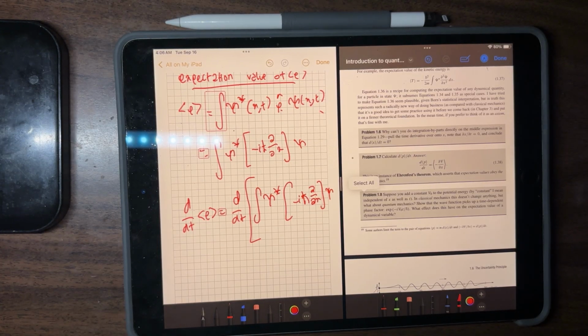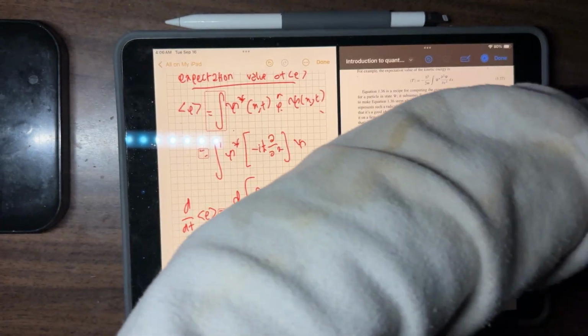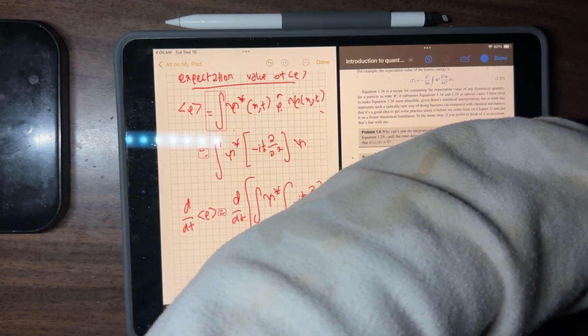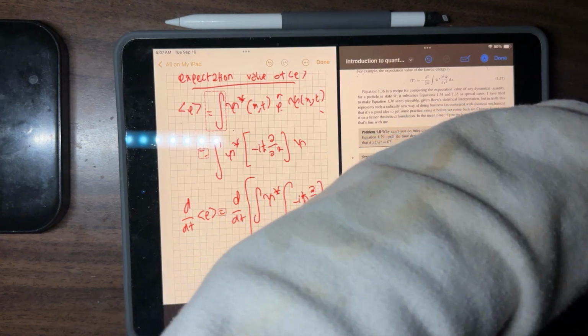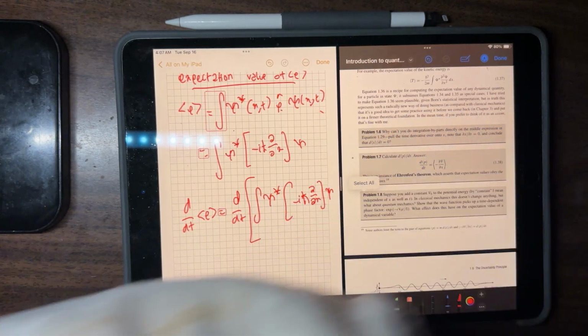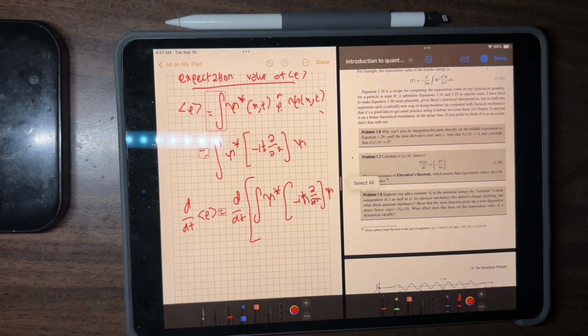Wait, how did you get step 2? Now I understood this section here.